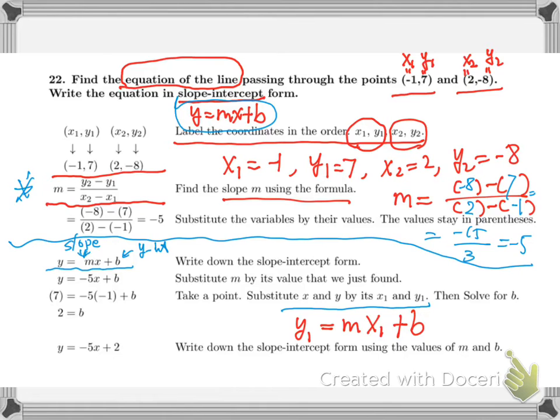So we know y1, we know m, we know x1. We are trying to find b. So I changed the formula a little bit. Here is y1 = mx1 + b.